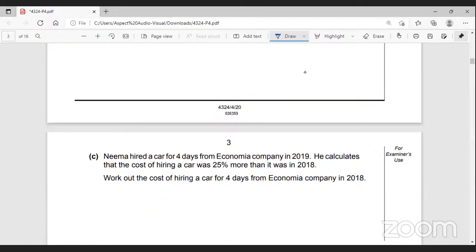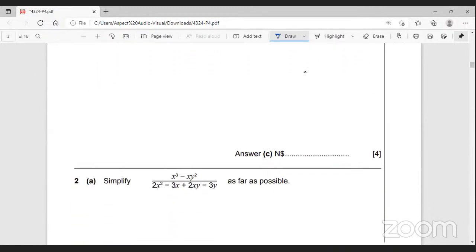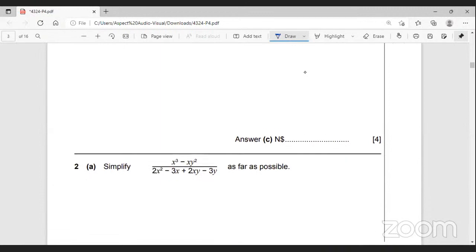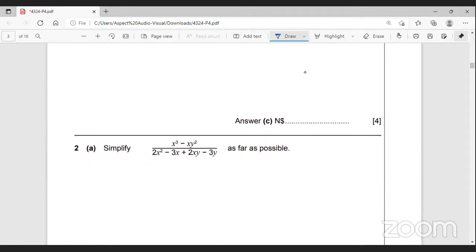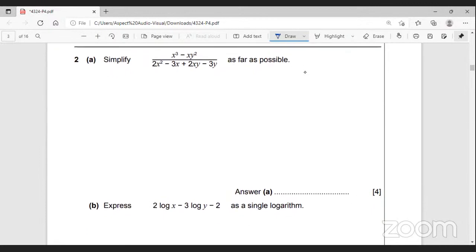We will have a look at that. I believe we have done it, not online, but face to face. So just have a look at it.